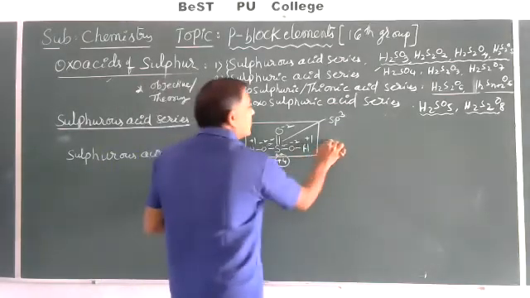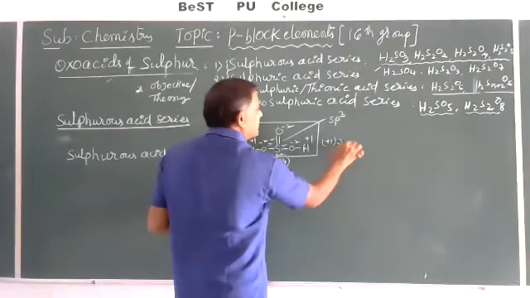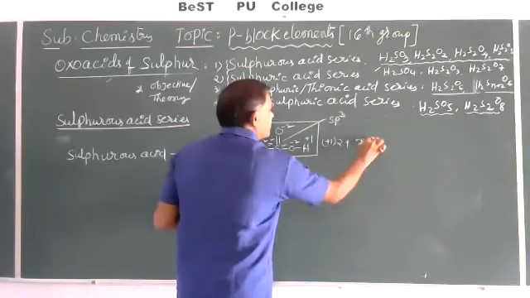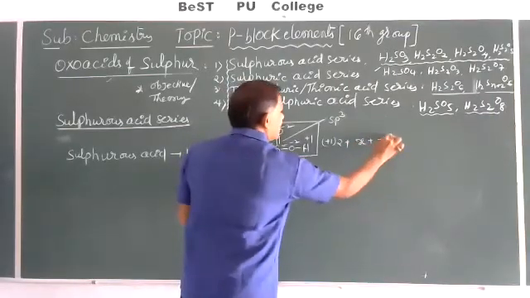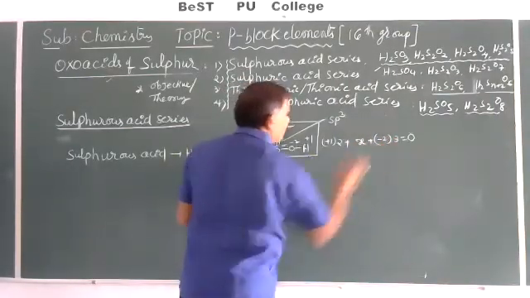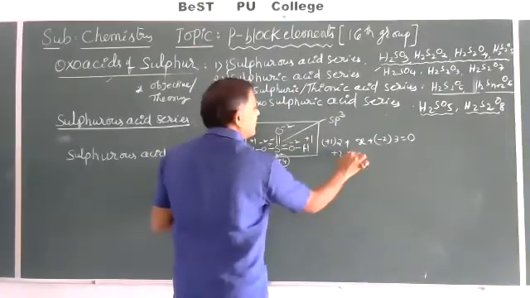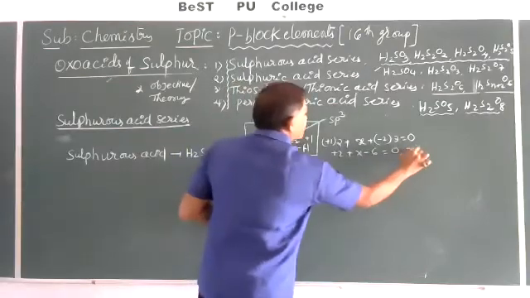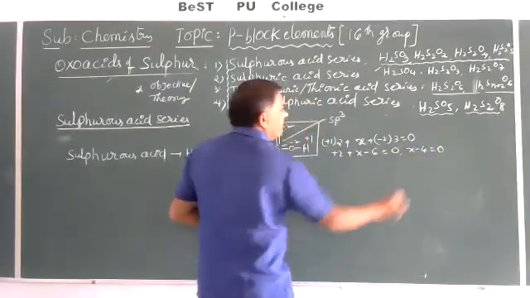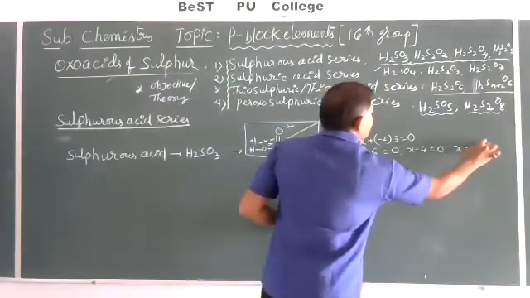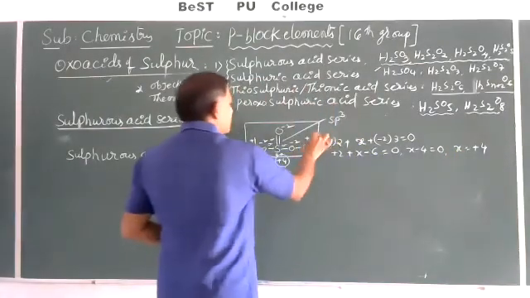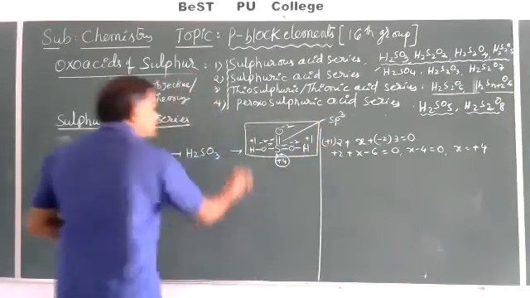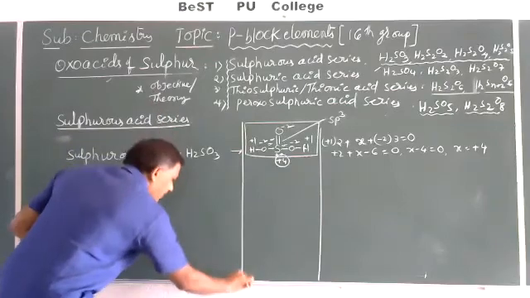Because 2 hydrogen atoms, 2 into 1, plus sulfur, 1 into X, plus 3 oxygens, minus 2 into 3, equals 0. So +2 plus X minus 6 equals 0, X minus 4 equals 0, so X equals +4 oxidation state. This is the structure and oxidation state of the sulfurous acid series family.